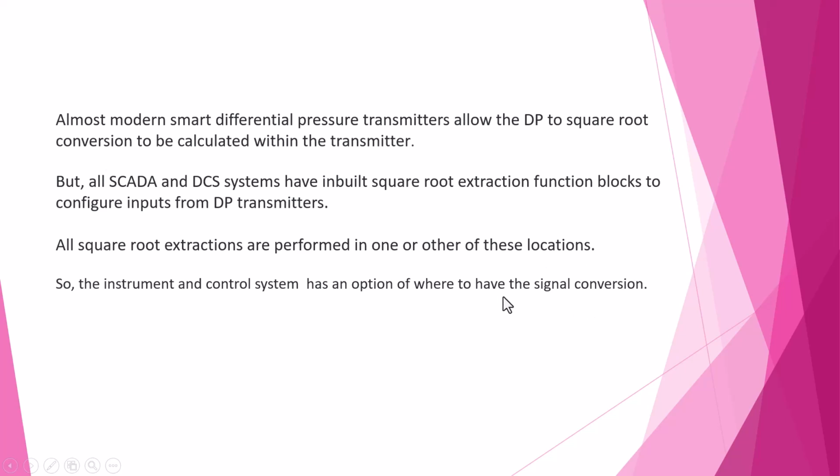You decide where to do the square root conversion. But with modern smart transmitters, the transmitter includes square root conversion, so you don't worry about this one.